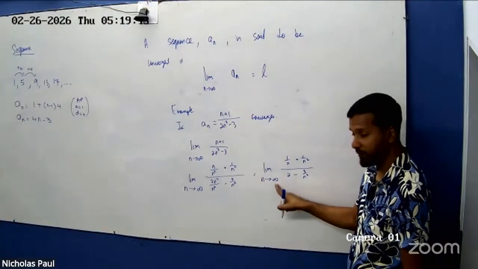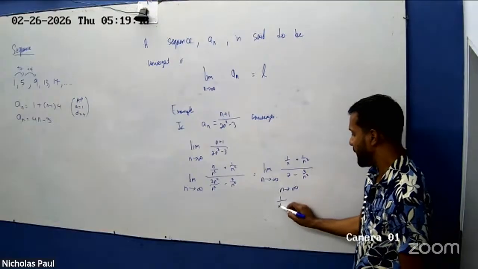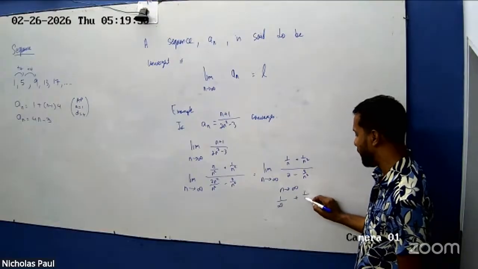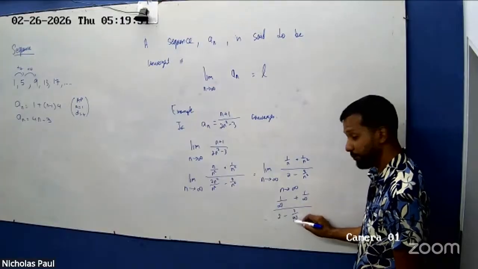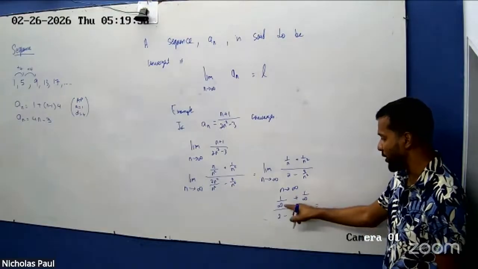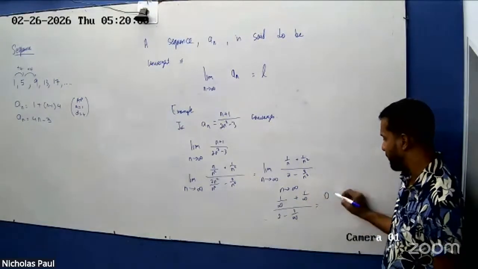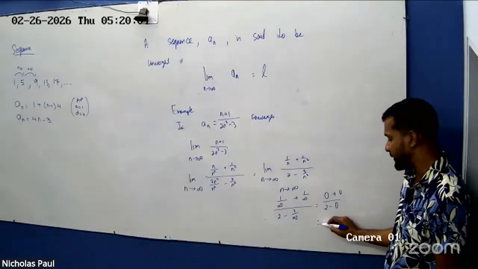N is infinity, right? Substitute n is infinity. Anything divided by infinity is what? 0. Very good. So 1 on infinity is 0, over 2 minus 0. So the answer is 0.